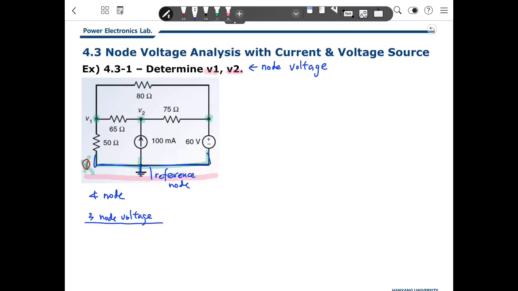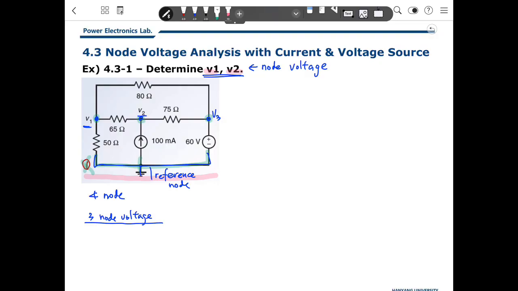which can be defined. So, following the problem, we will use the same notation. This node we call node voltage V1, and this node we define the voltage V2. And I decided to define this node voltage V3. Actually, there are 2 sources.